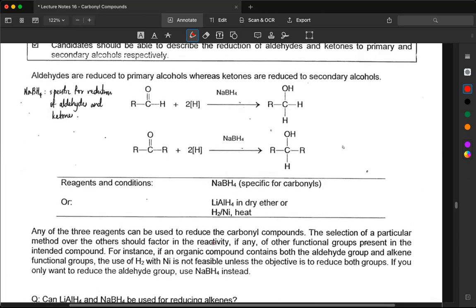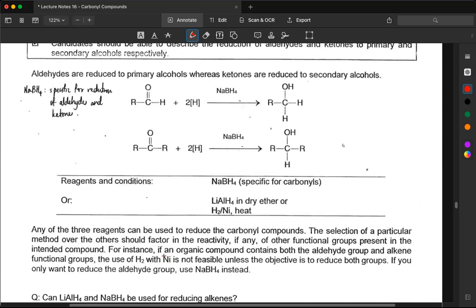So any of these three agents will be able to reduce the carbonyl compounds back to alcohol, whether it is ketone or aldehyde. But for carbonyls, only NaBH4. So NaBH4 is only specific for carbonyl. You cannot use it for the rest.